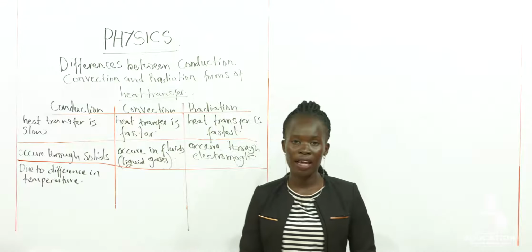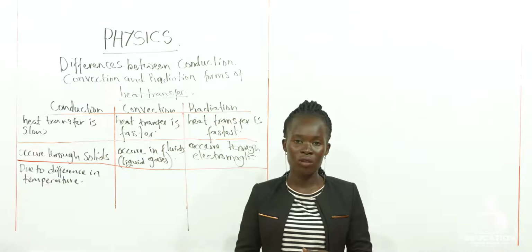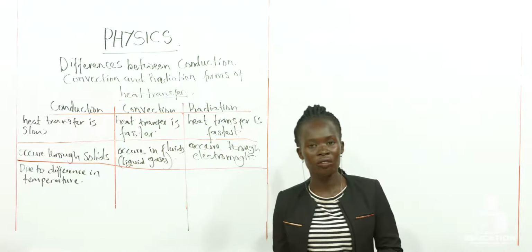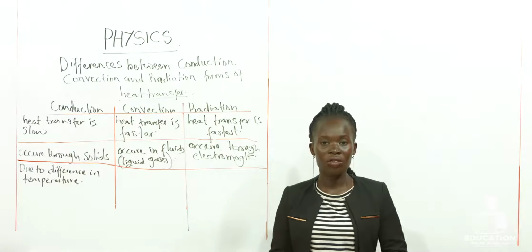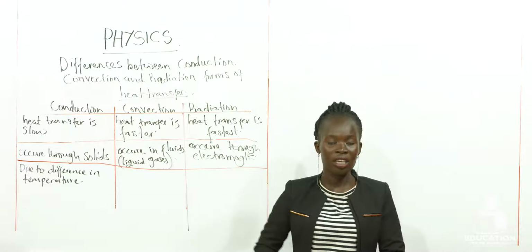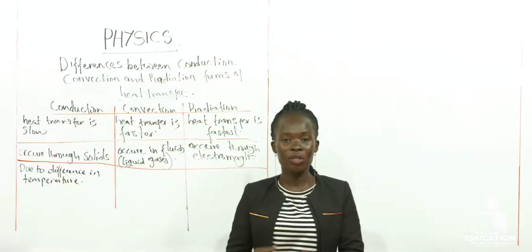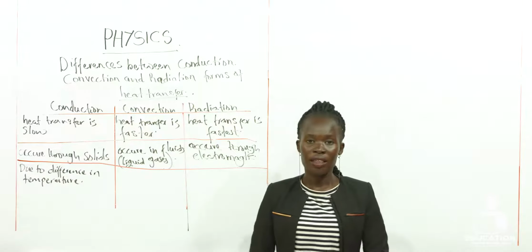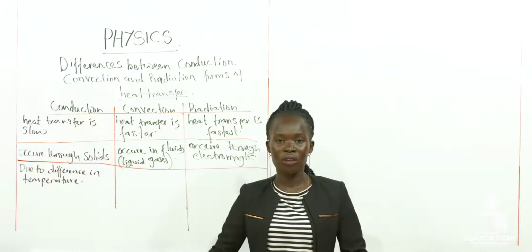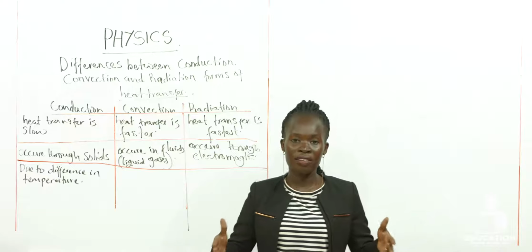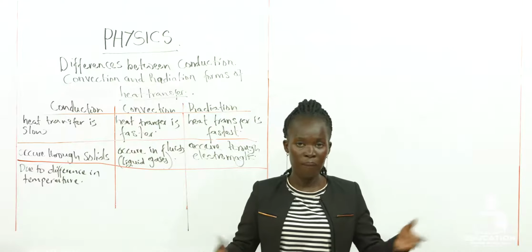So that heat loss to the tile will make you feel the coldness of the tile. You see that transfer, that loss and gain, is showing us that there was a temperature difference between the two. So with conduction, the difference comes because of the difference in the temperature of the system. It can be two or more bodies.